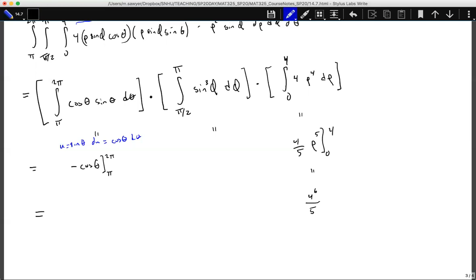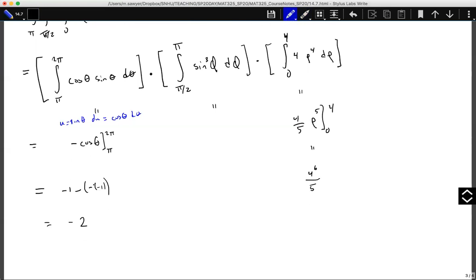So I get negative cosine of 2 pi, which is negative 1. And then I subtract off negative cosine of pi, which is positive 1. So I get negative 1 minus positive 1, which is negative 2.